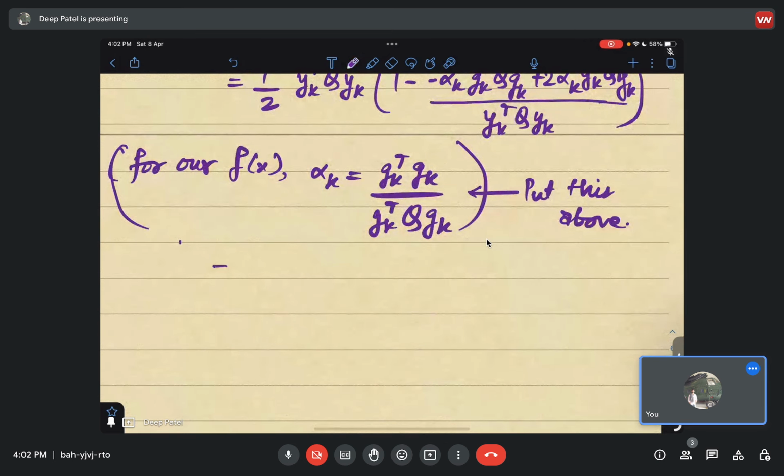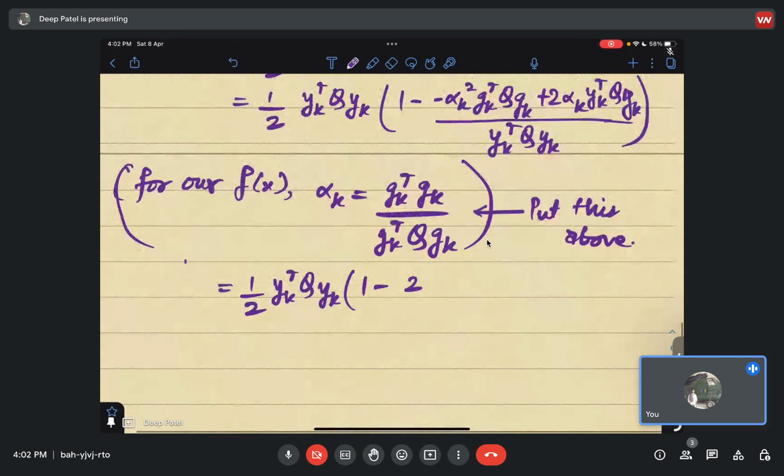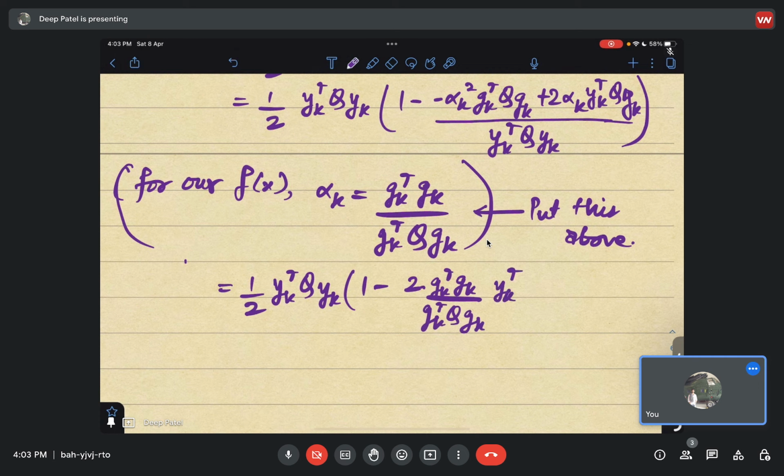So what we will get is yk transpose q yk, 1 minus, I just swap the terms so that it's less confusing, minus 2 gk transpose gk transpose q gk yk transpose q gk, minus gk transpose gk whole squared over gk transpose q gk and gk q gk squared.